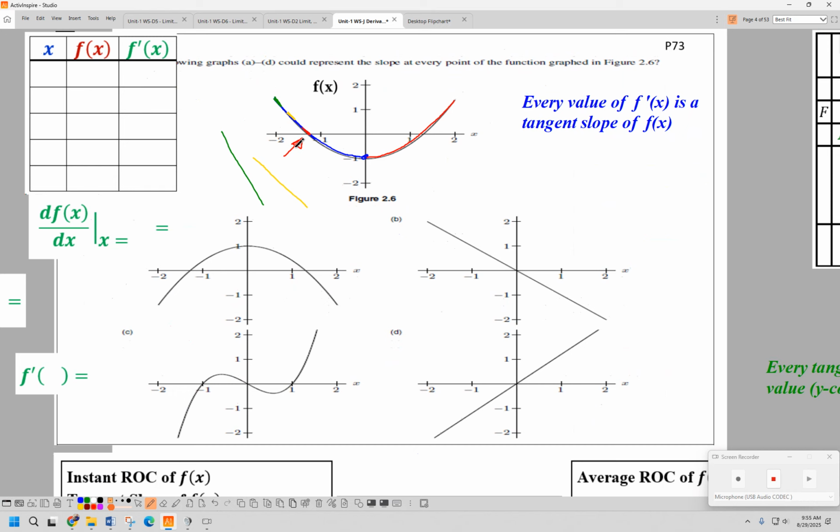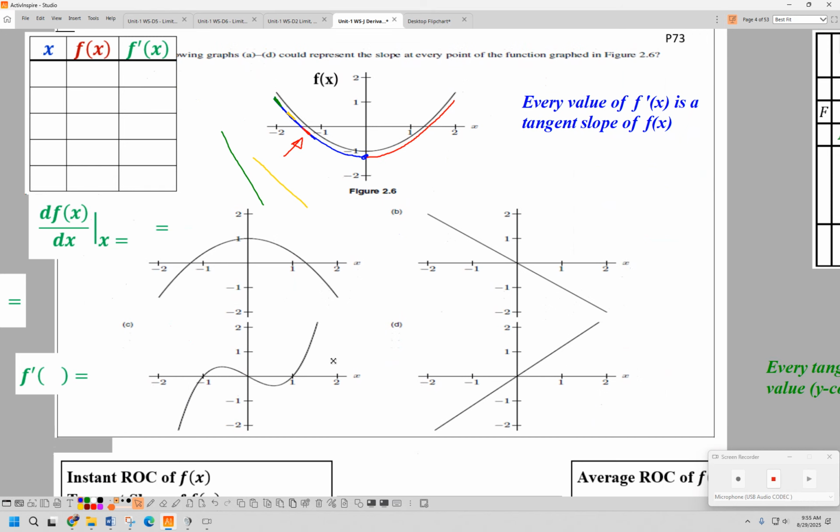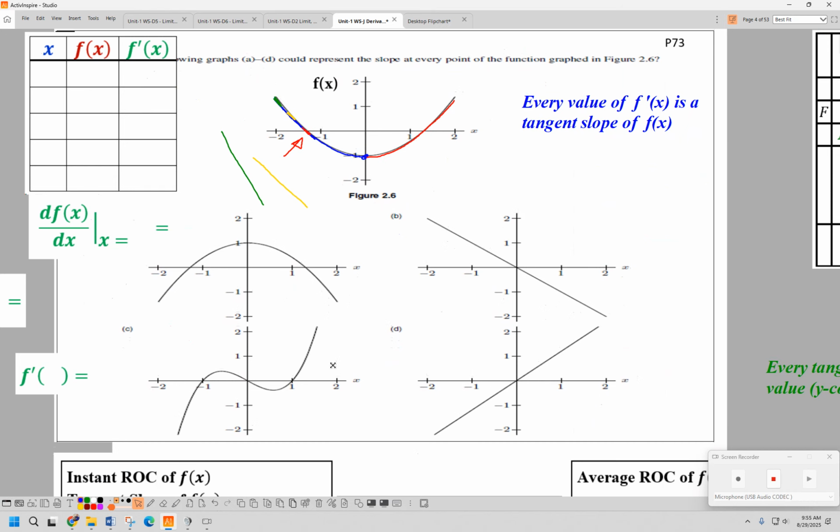Hands up, everybody. From one slope to the next, would you say the values of those slopes increase or decrease? You're talking about three different slopes, green, yellow, and red.